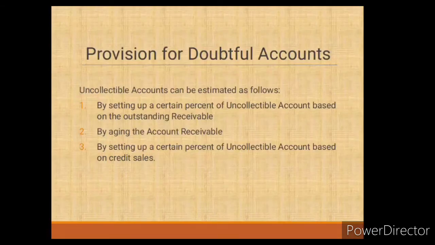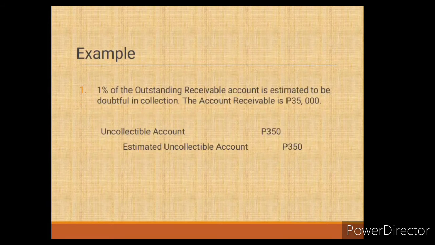The next is provision for doubtful accounts. Uncollectible accounts can be estimated as follows: by setting up a certain percent of uncollectible accounts based on outstanding receivable, by aging the accounts receivable, and by setting up a certain percent of uncollectible accounts based on credit sales. Example: 1% of the outstanding receivable account is estimated to be doubtful in collection.